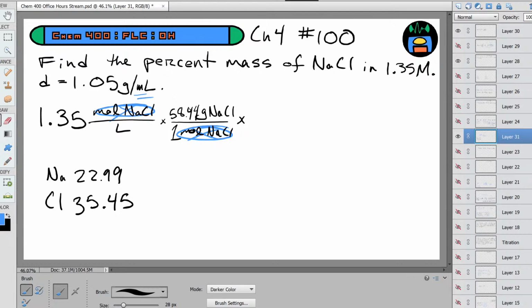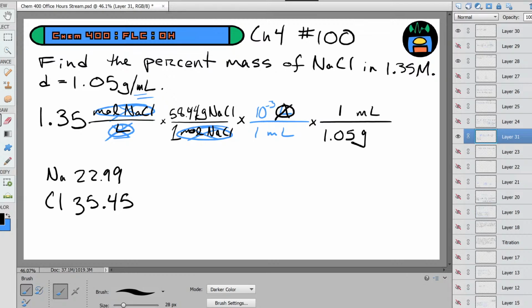So we need to convert our liters to milliliters. 1 milliliter is 10 to the negative third liters, and now liters cancels. Next, we want to use the density to convert from milliliters of solution to grams of solution, and our density tells us that 1 milliliter has a mass of 1.05 grams. Now milliliters cancel.